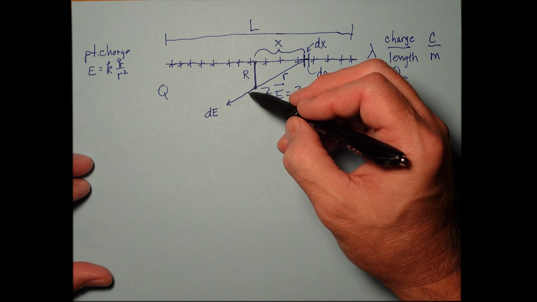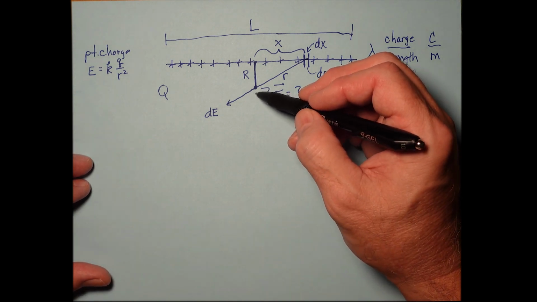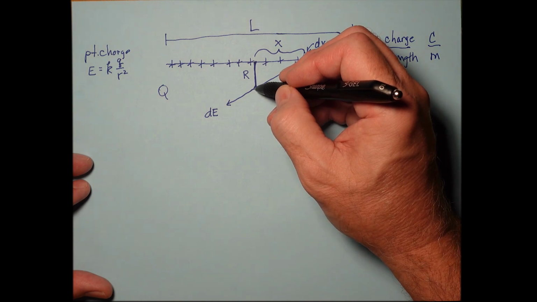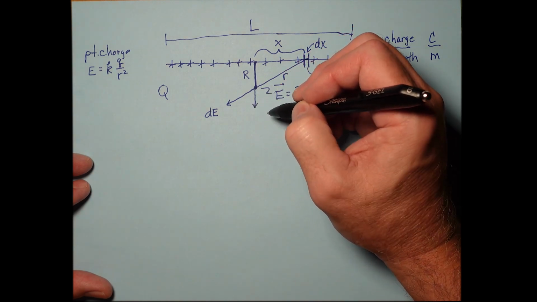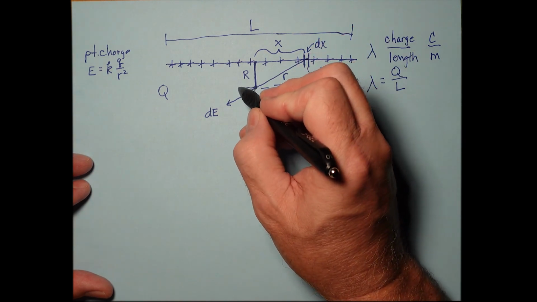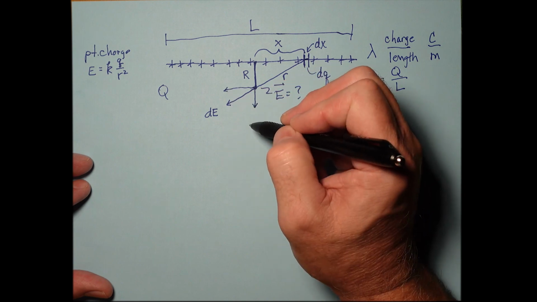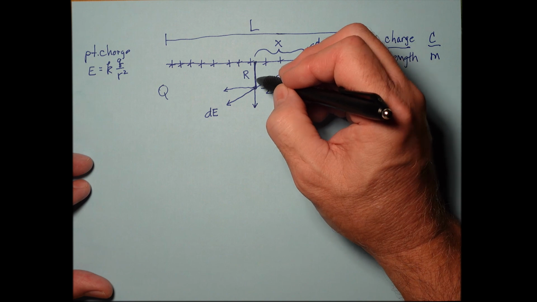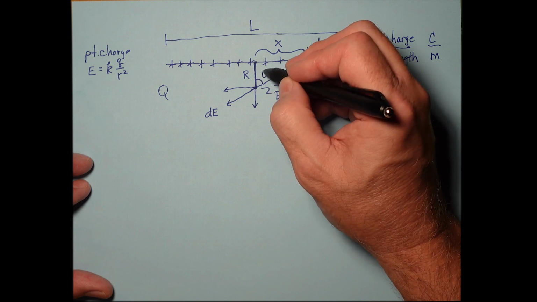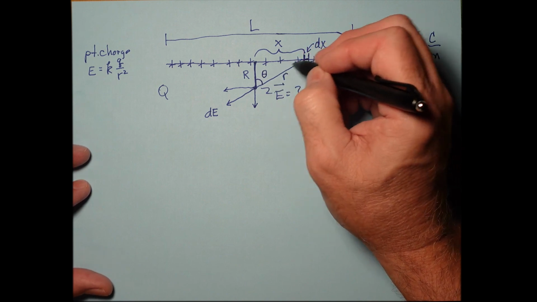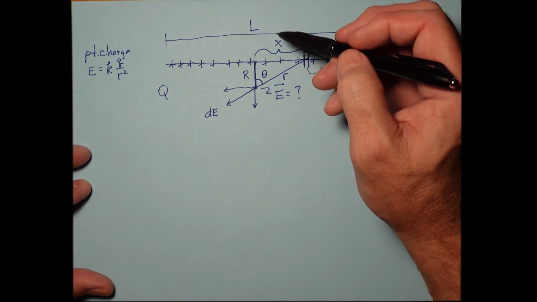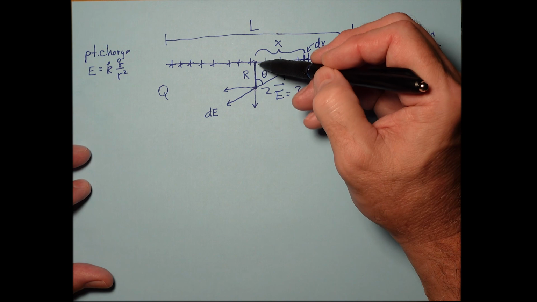So we need to be able to break up dE into component parts. And the easiest way to do that is to break it up into a vector that goes that way and a vector that goes that way. And in order to do this, we need an angle. So let's call this angle right here theta. And theta is going to change as we integrate this. So theta is actually a variable. It's the angle from 0 here.